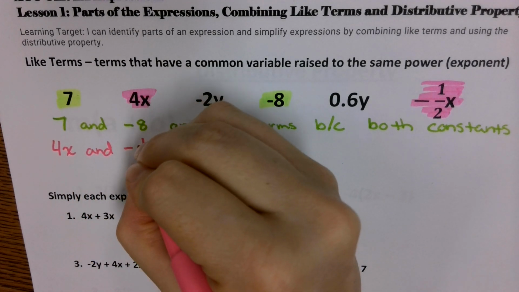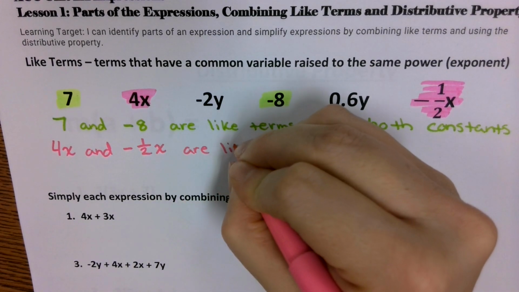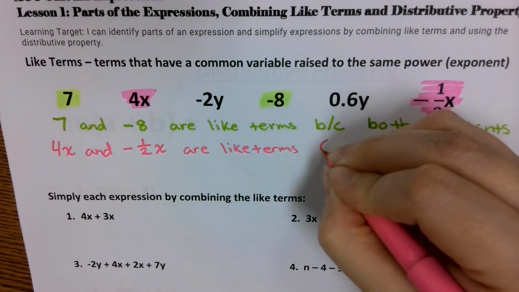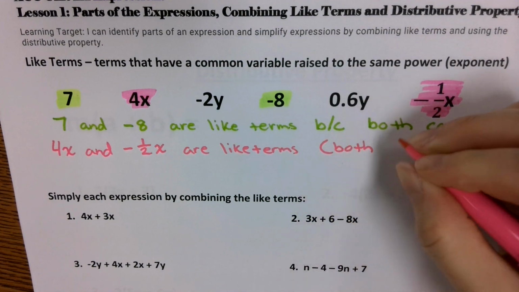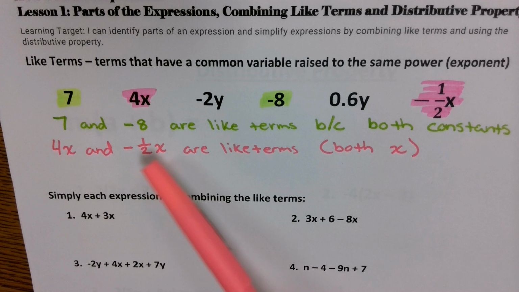So 4x and negative 1/2 x are like terms. Okay, they are both x. Yes. See, one of them's positive, one of them's negative, but they're still like terms.